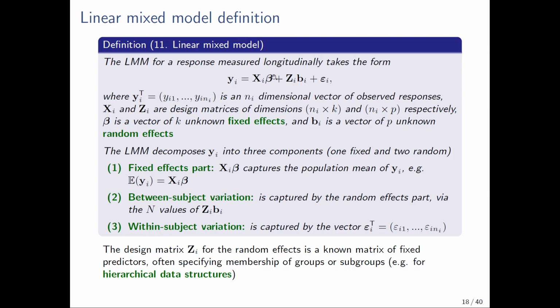Beta is a vector of k unknown fixed effects, and b_i is a vector of p unknown random effects.